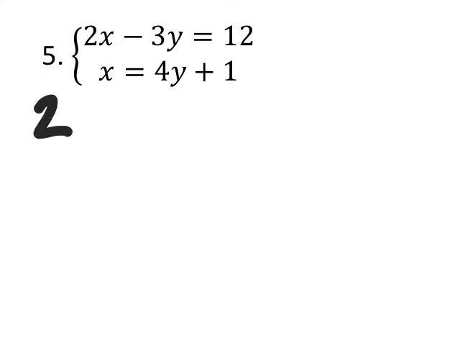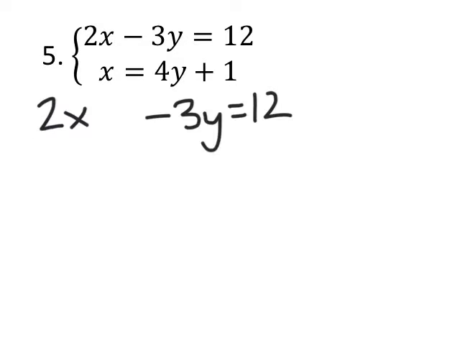So that equation is 2x minus 3y equals 12, but I can go ahead and get rid of that x right there, and I will replace it with what I see that x is, which is 4y plus 1. So I'm going to go ahead and put that in there, 4y plus 1.